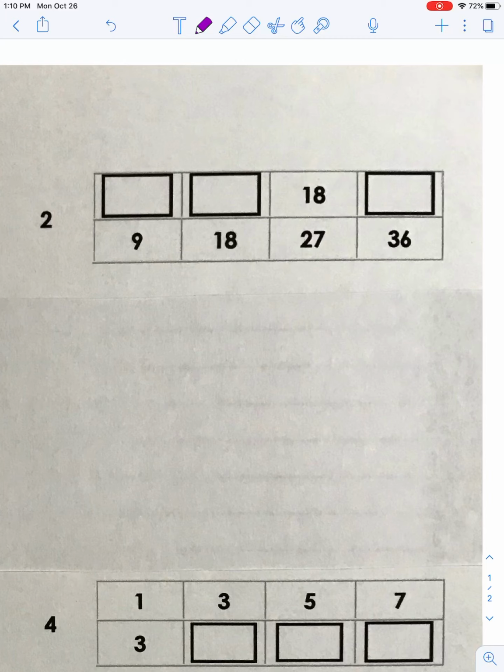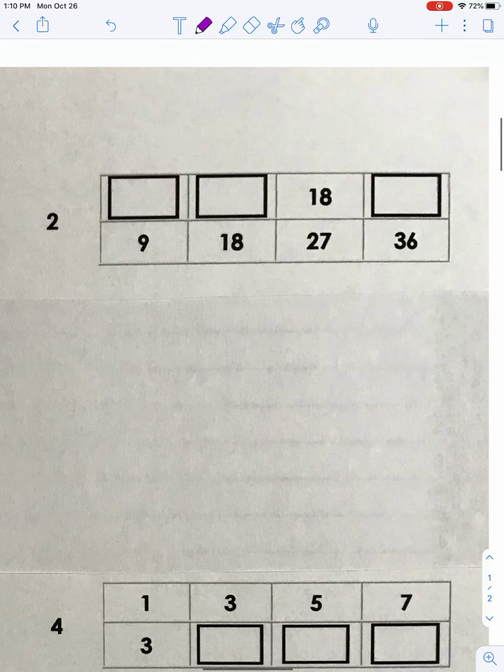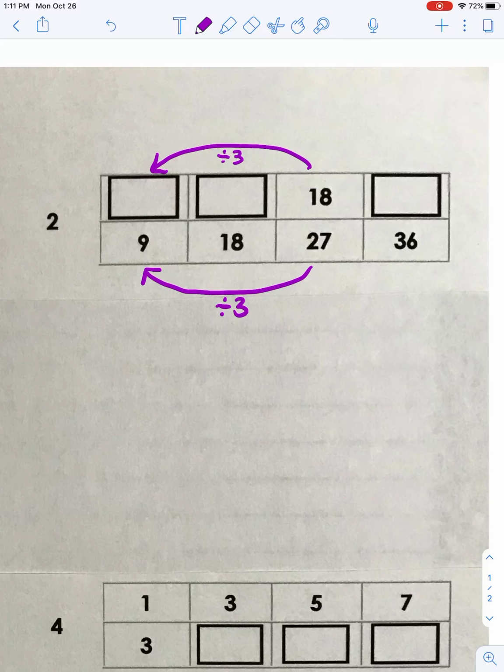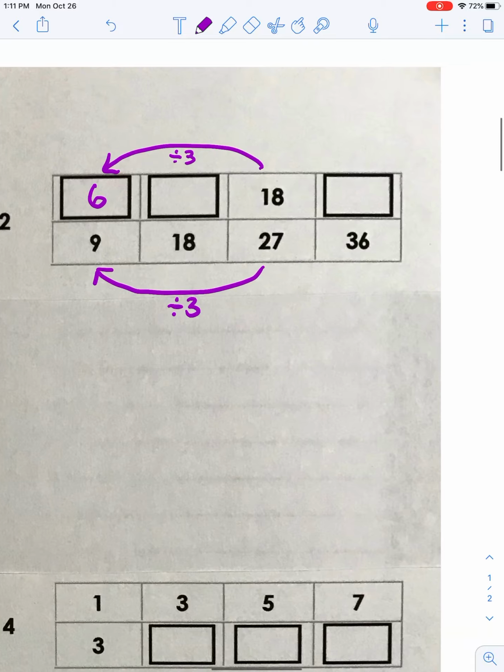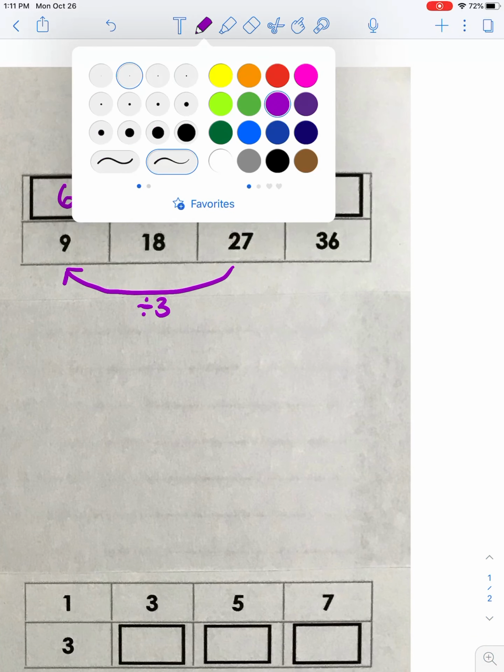And I can work in either direction, but I see that the corresponding number, the other part of the ratio, down on the bottom is 27. And I know that I can get from 27 to 9 when I divide by 3. And so I'm going to have to come up here and do the same thing. I'm going to divide by 3. And 18 divided by 3 is going to give me 6.